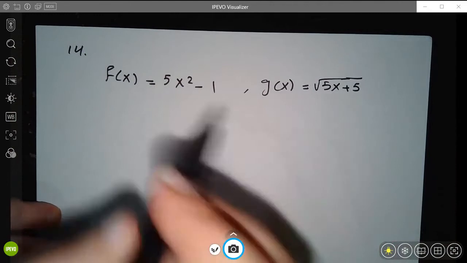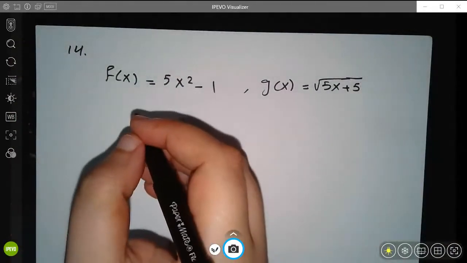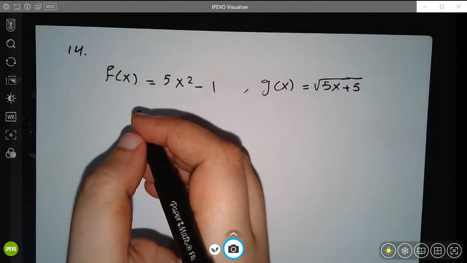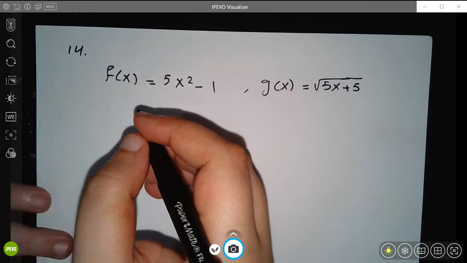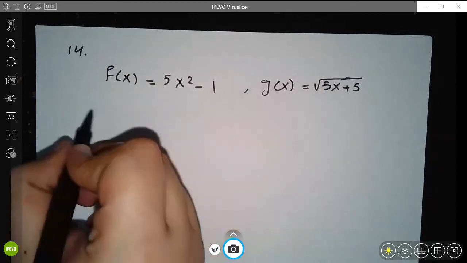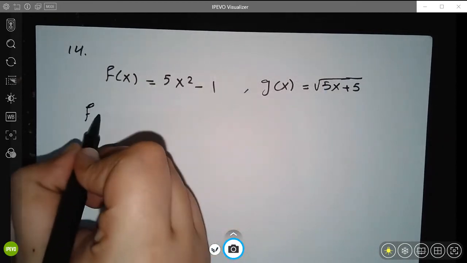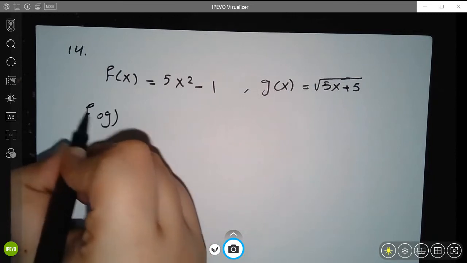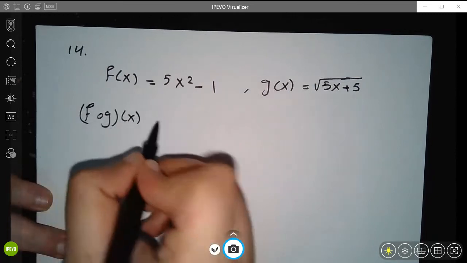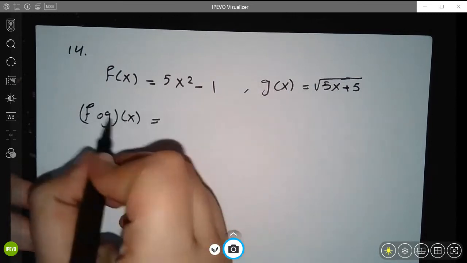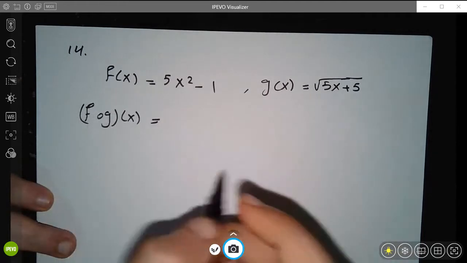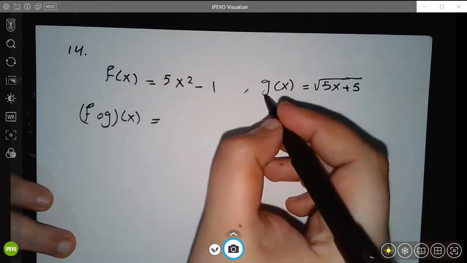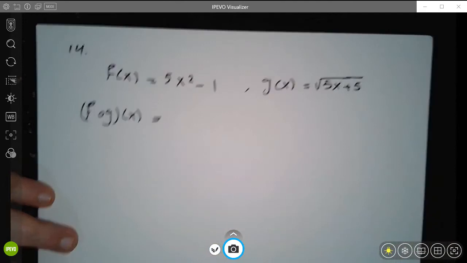Now, I want you to give me, let's do the opposite this time. Actually, let's do both. I'm going to find the composition of G and F, right? So G is going to be in F. And the composition of F and G, but I'm going to write that in a minute.